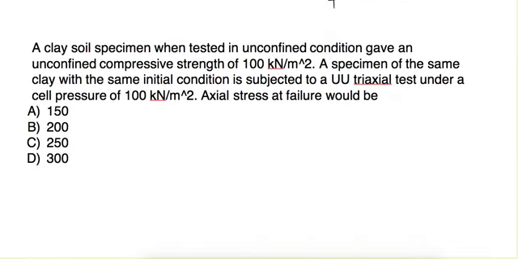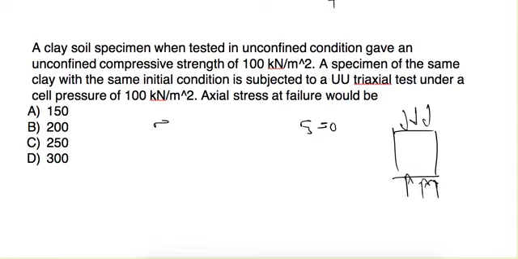Next question is, a clay soil sample when tested in unconfined condition gave an unconfined compressive strength of 100 kN per meter square. So unconfined condition means sigma 3 is equal to 0, and whatever the stress is given, that is sigma 1. It is 100 kN per meter square.